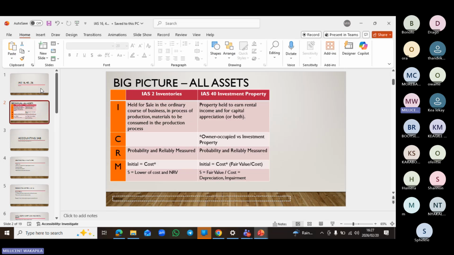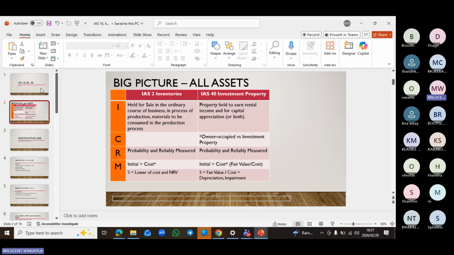With inventory, inventory is actually the assets that we are holding in our business to dispose of in the ordinary course of business.